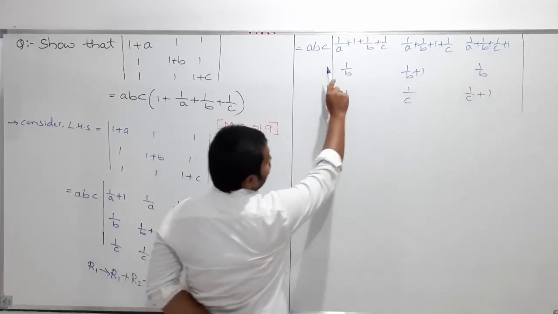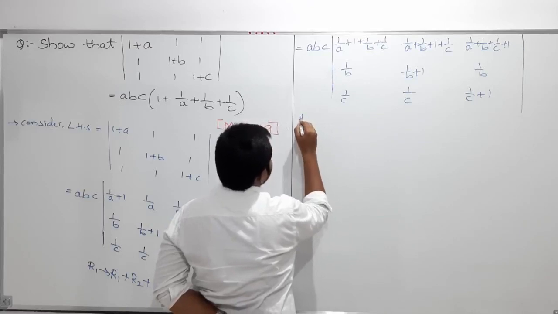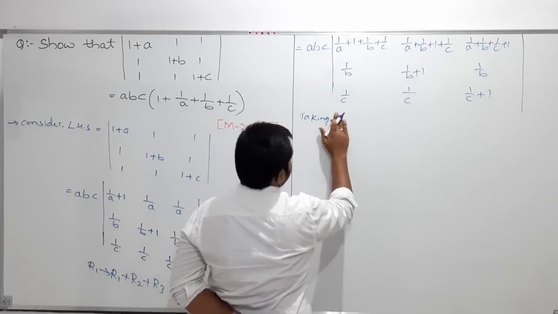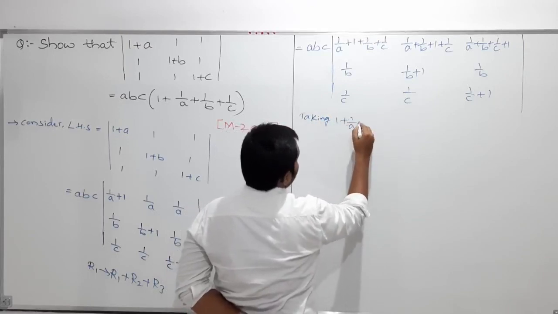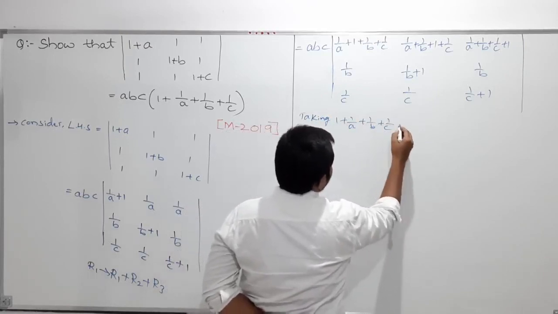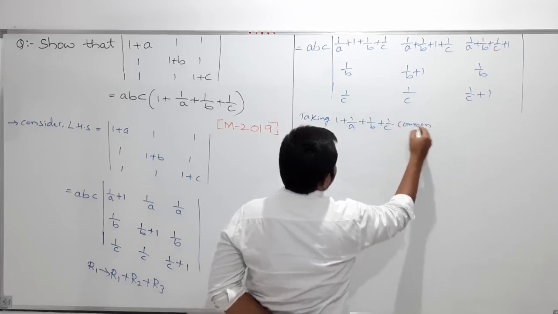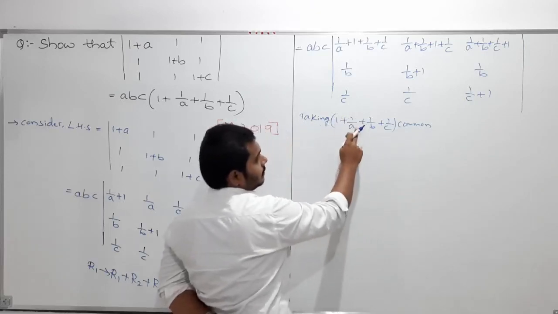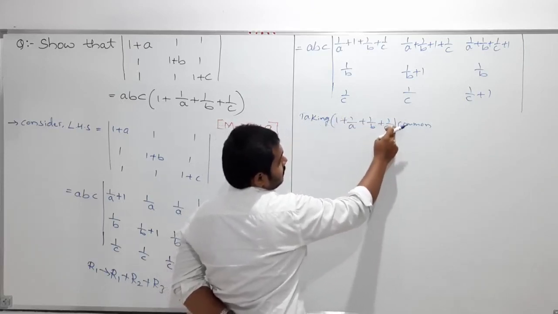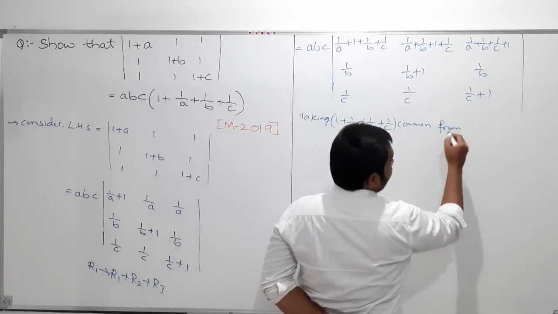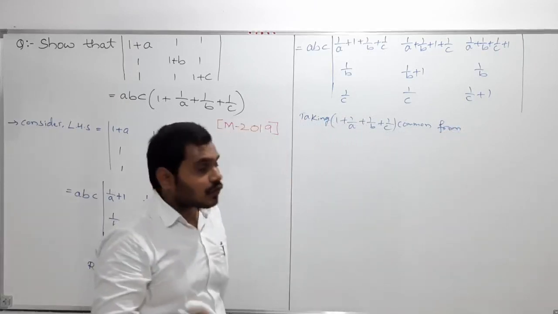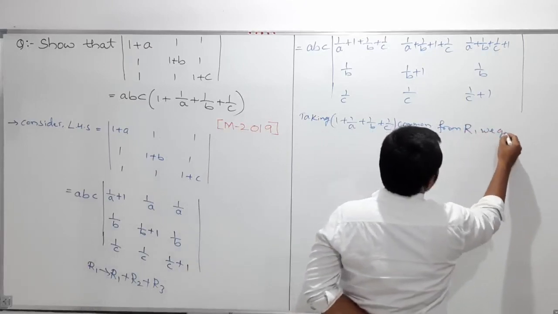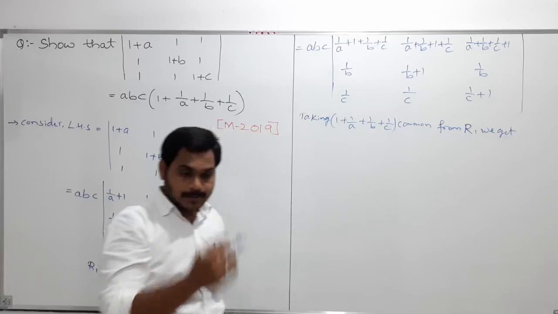So therefore, from the row 1, I am taking common 1 plus 1 by a plus 1 by b plus 1 by c. From the row 1 I am taking this.